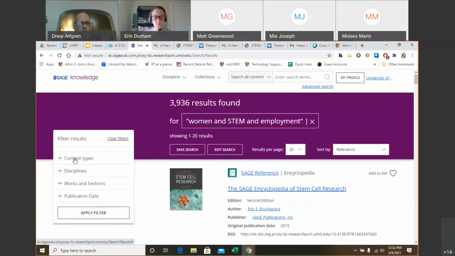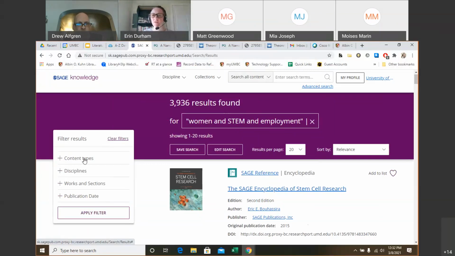Sage is a huge publisher in the social sciences primarily, but also in the humanities and a little bit in the natural sciences. Throw keywords in here. If you have only a big idea of what's going on, Sage does very high-end, academically appropriate reference material. And over on the left-hand side, you can start to explore this further.